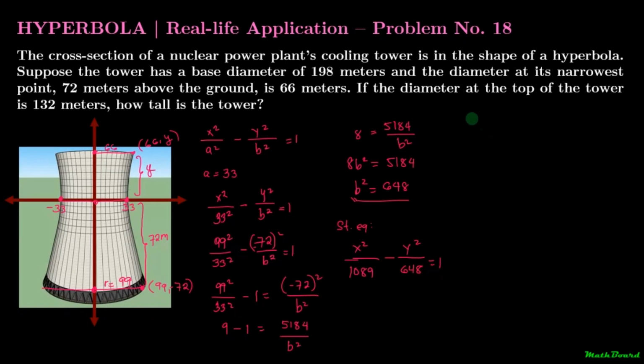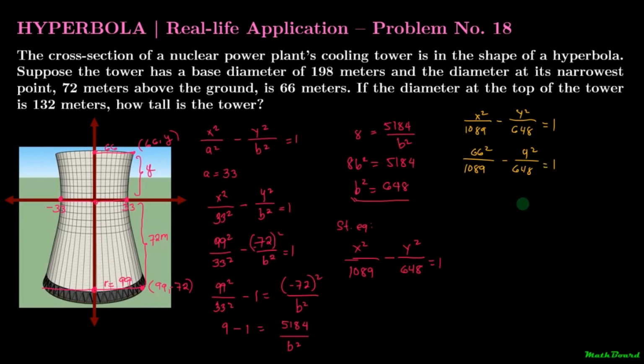Okay, so balikan natin equation: x squared over 1089 minus y squared over 648 equals 1. Ang x mo, 66. So, 66 squared divided by 1089 minus y squared over 648 equals 1.